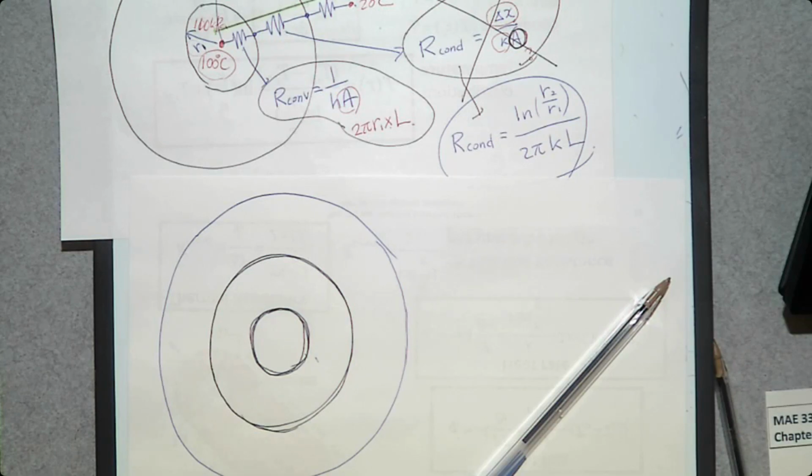So the best way is to bury them underground so you can minimize the heat loss, right? Why is that? Why does burying underground give you less heat transfer than hanging this pipe in the middle of air?